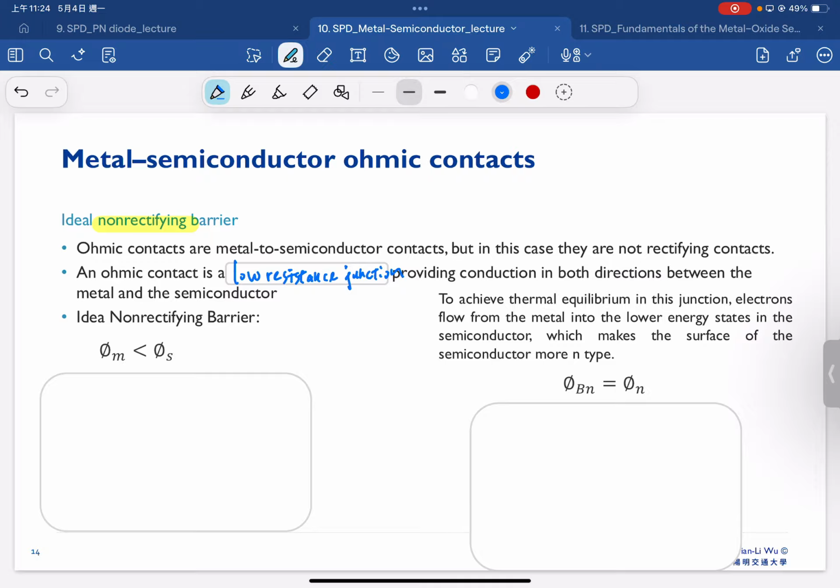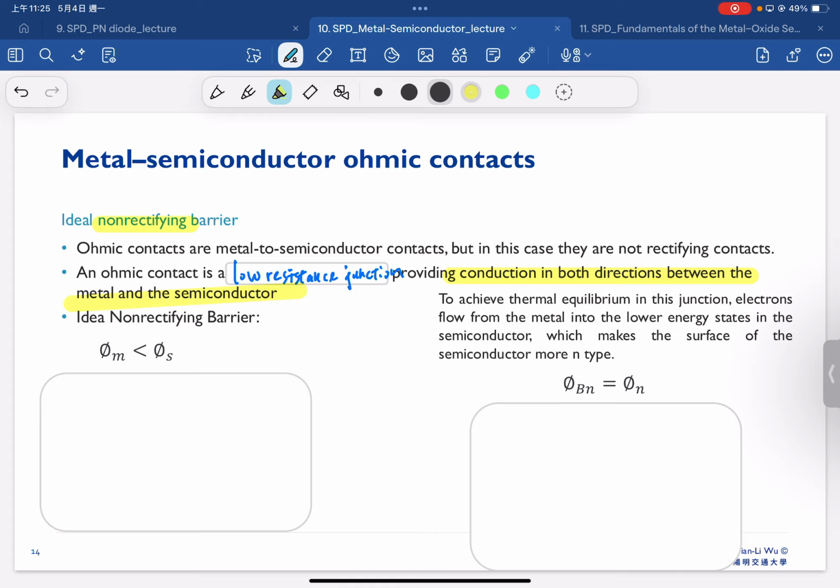This is a low resistance junction providing conduction in both directions between the metal and semiconductor. Therefore you can see the current can flow under forward bias and reverse bias here.